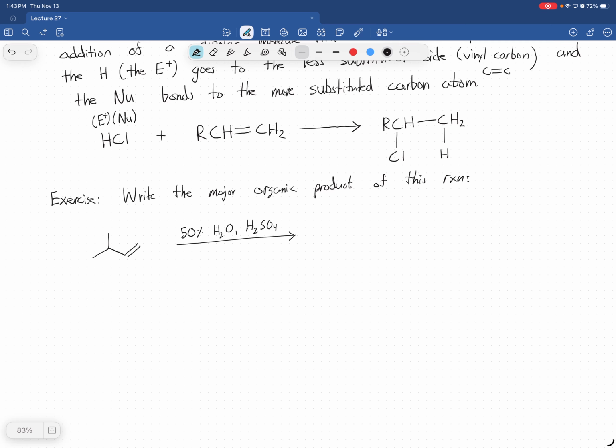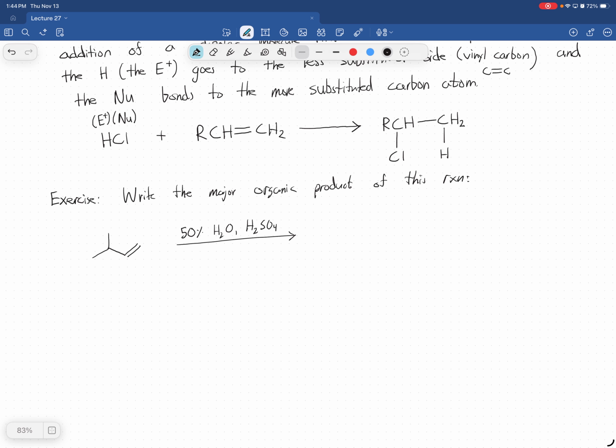So you have an acid, but you have an alkene too. So be careful. When you have acid, you can generate a carbocation, right?